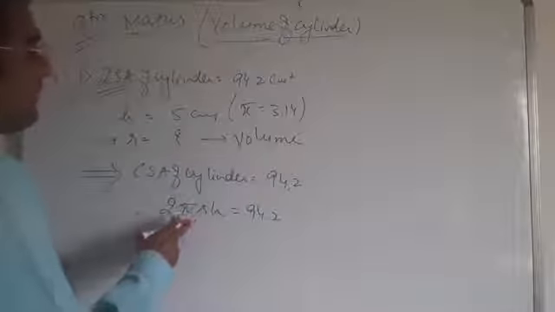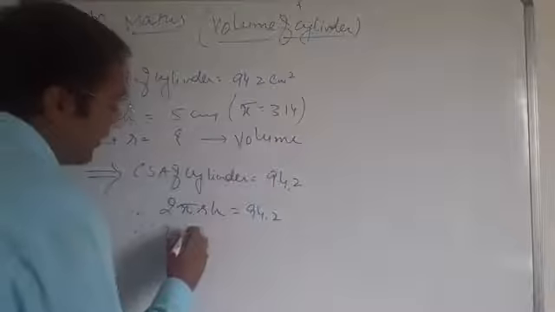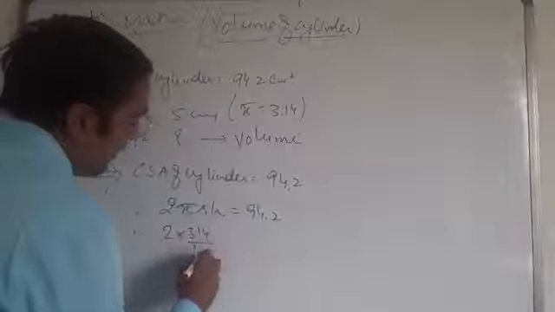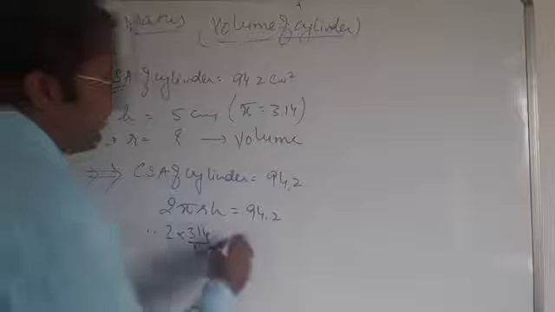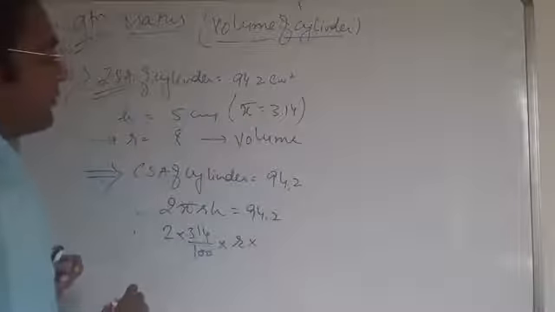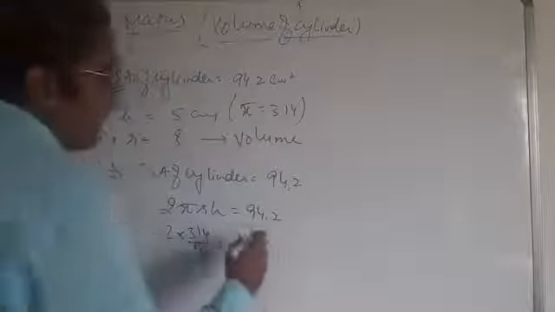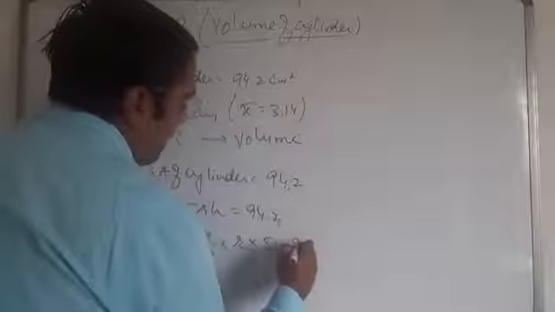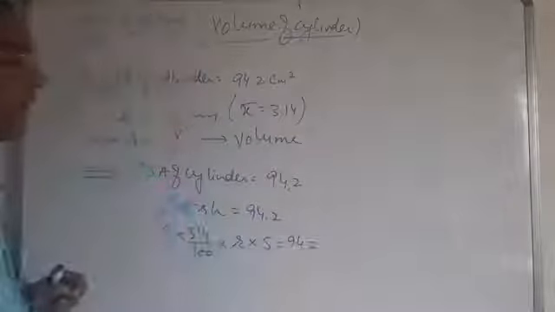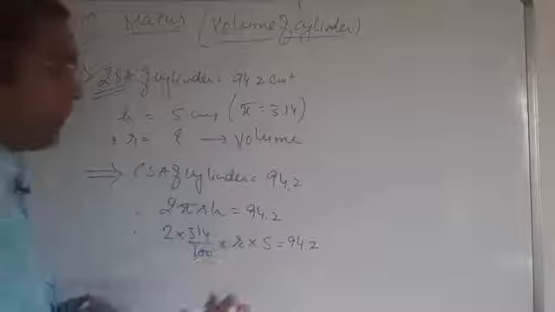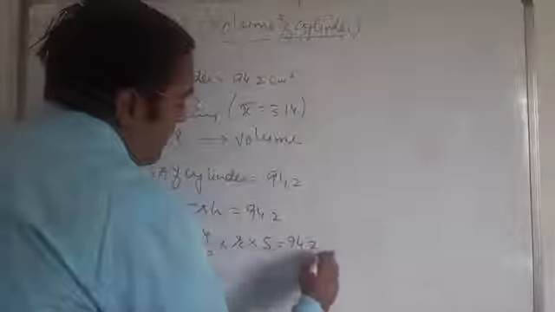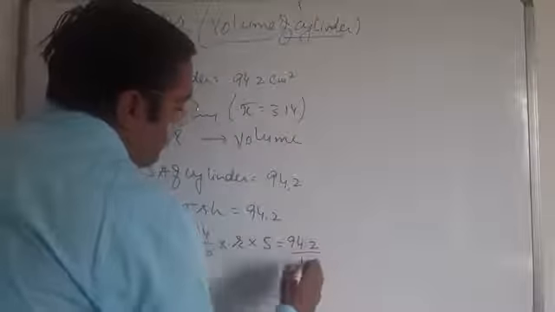Take pi as 3.14, so 314 upon 100 into the radius into height, which is given as 5 centimeter, equal to 94.2. Now I have to remove the point, so my equation is 942 upon 10.